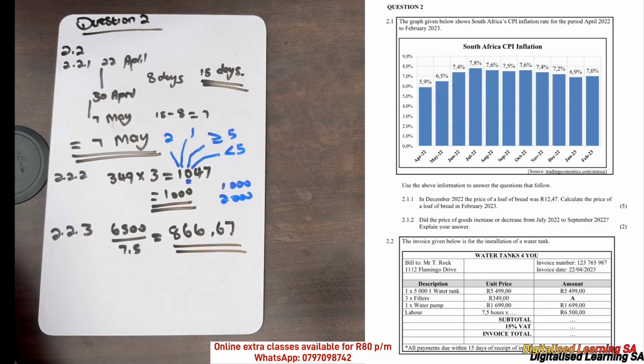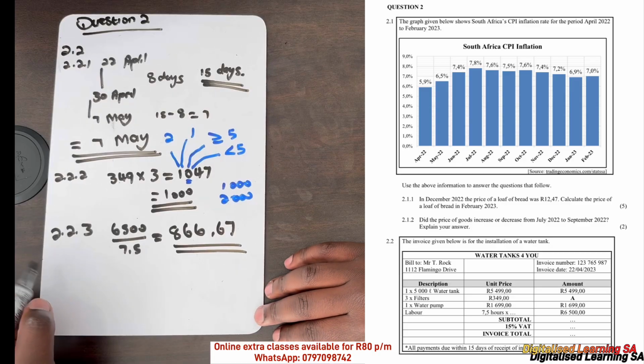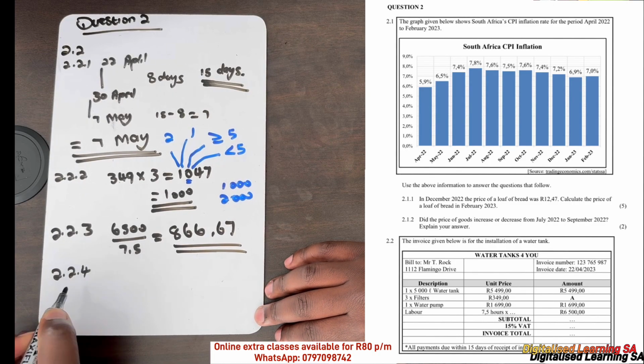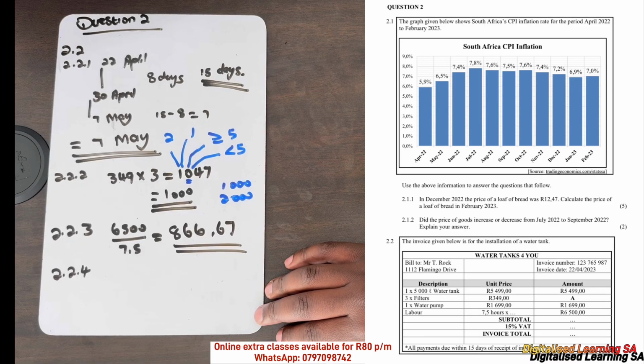Okay, so now let's move to our next question, which is question 2.2.4. Question 2.2.4 says calculate the total amount due, including VAT, for the invoice above.